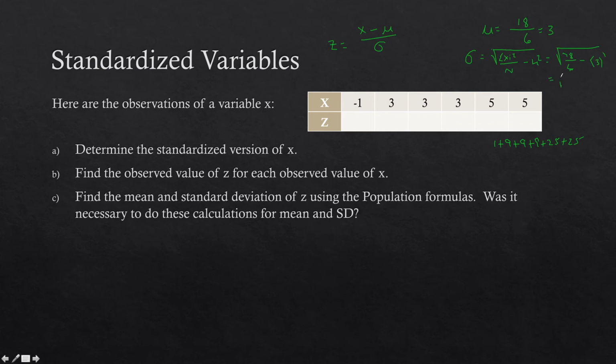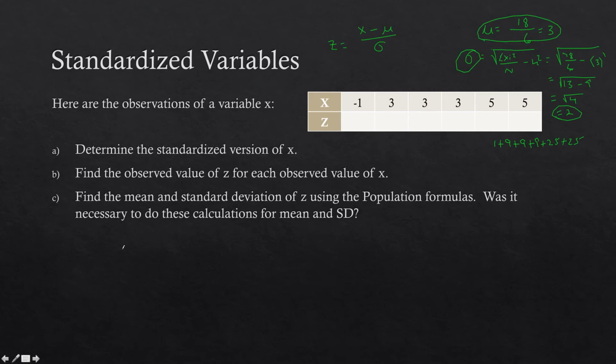So 78 divided by 6 should give us 13. 3 squared should give us 9. So this is the square root of 4, which is 2. So my population mean is 3. My population standard deviation is 2.